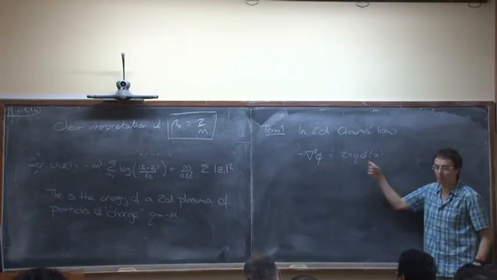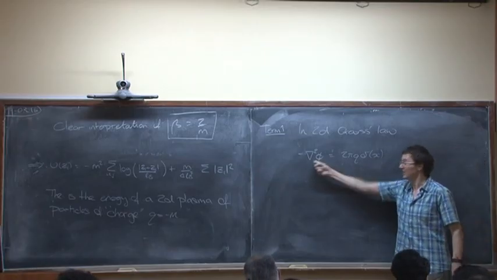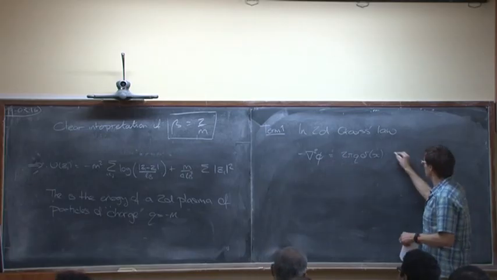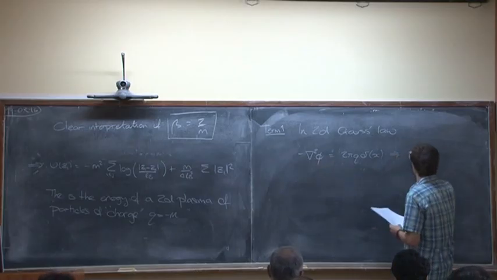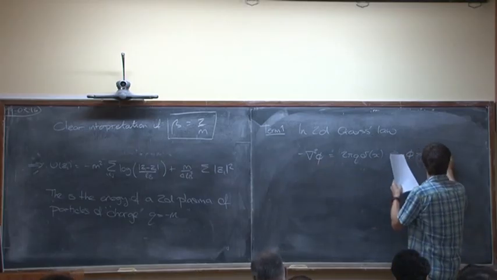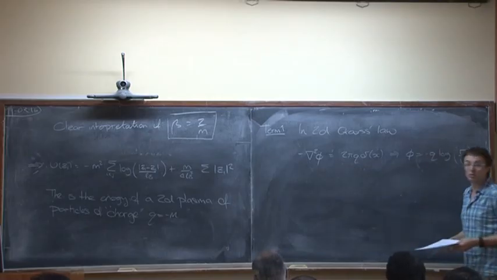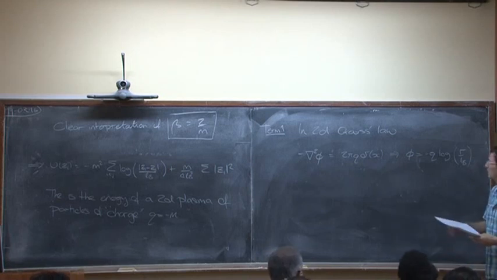So what have I done here? I put a particle of charge q at the origin, and I solve for the electrostatic potential. This is Gauss's law in any number of dimensions, just 2. But if I solve it in 2 dimensions, meaning this is a 2D Laplacian, not a 3D Laplacian, then the solution is a log, as opposed to a 1 over r in our case.